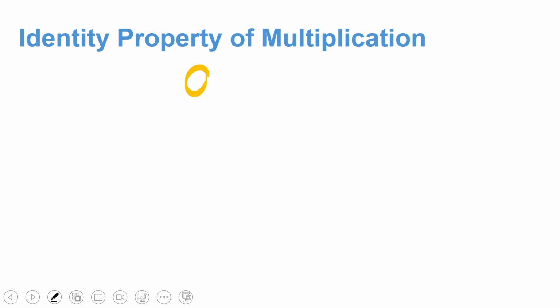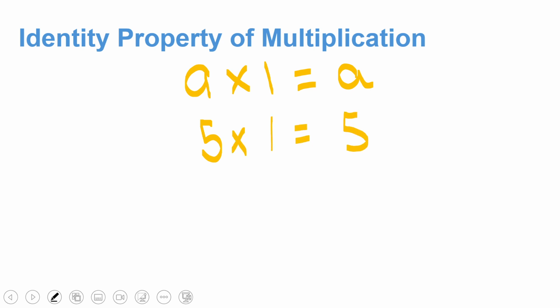We have A times 1 is equal to A. Any number times 1 retains its identity. So if we fill in a value 5 for A times 1, then it's going to equal 5. And 5 will retain its identity when multiplied by 1.